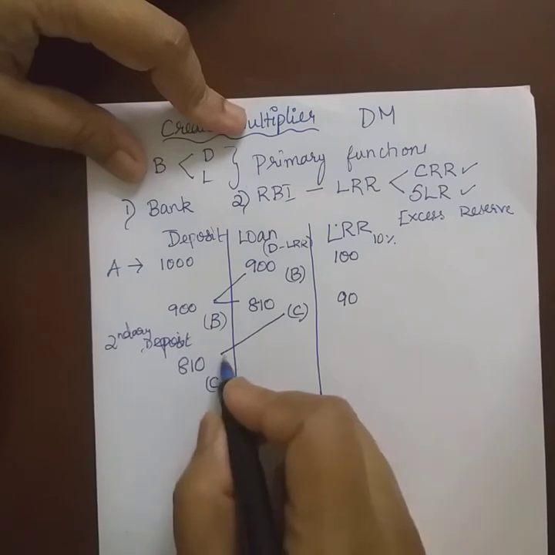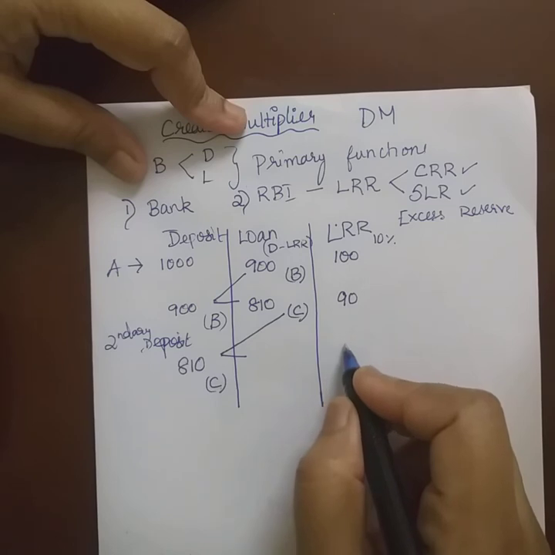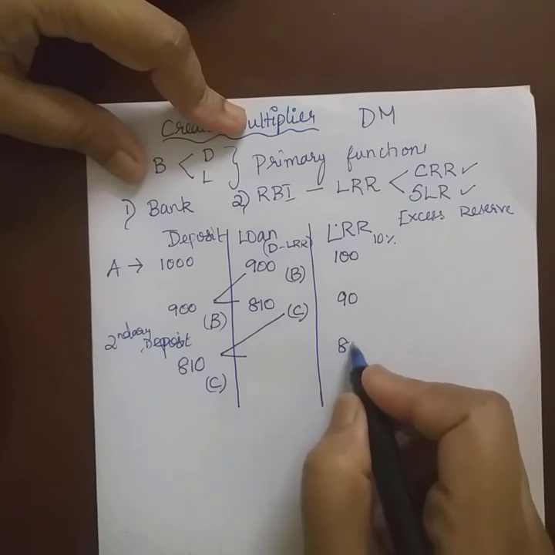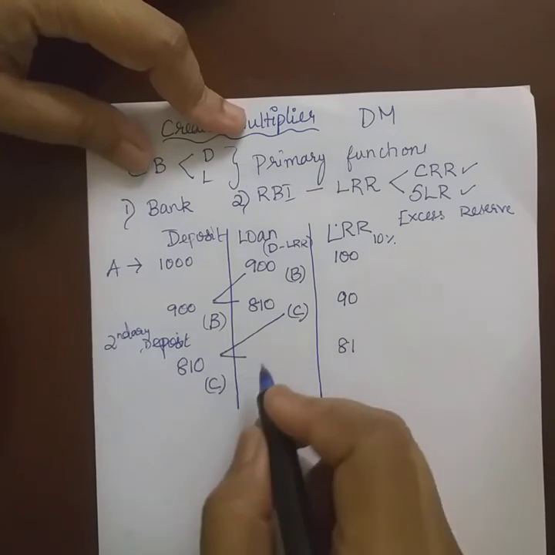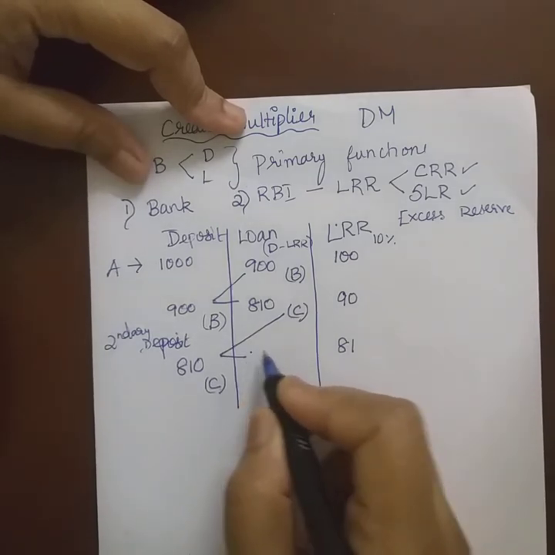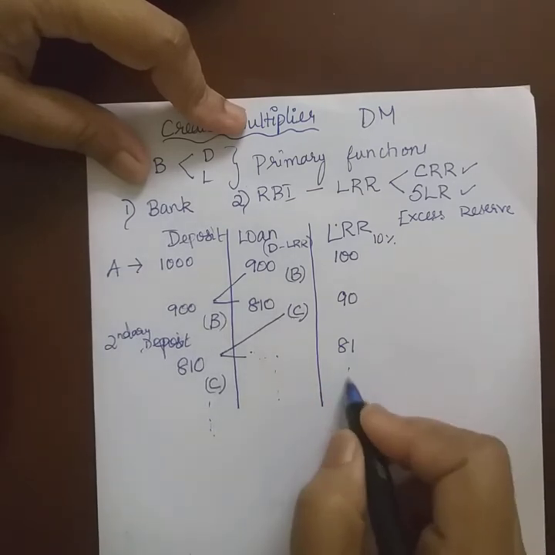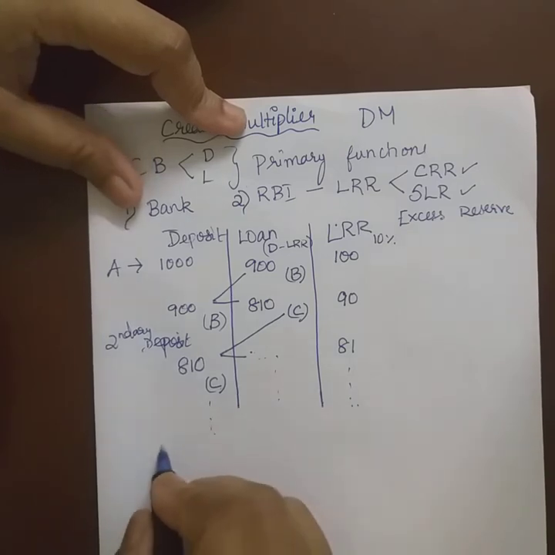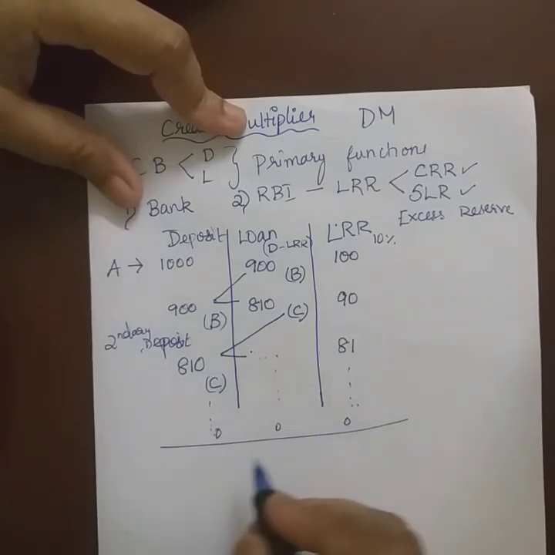Once more, 10% of this is going to be retained by the bank with RBI and of course with themselves, and the rest can be lent. So this process continues on till the amount fizzles down to zero, right?